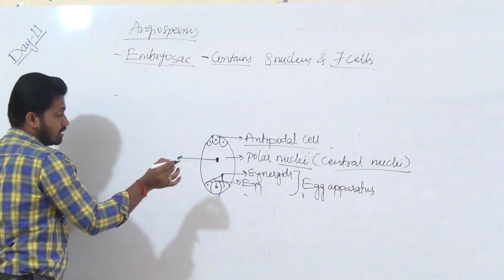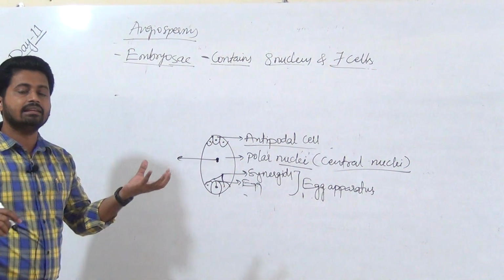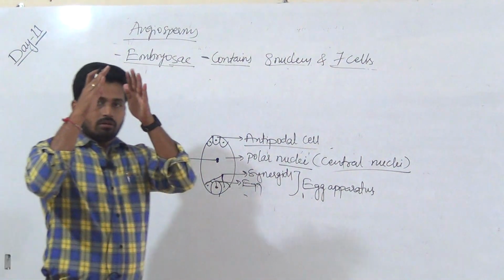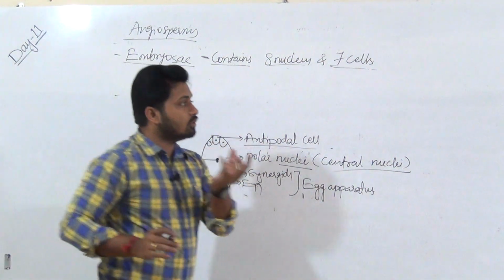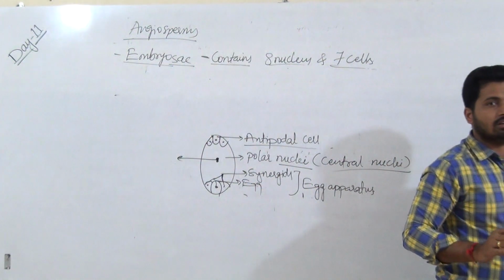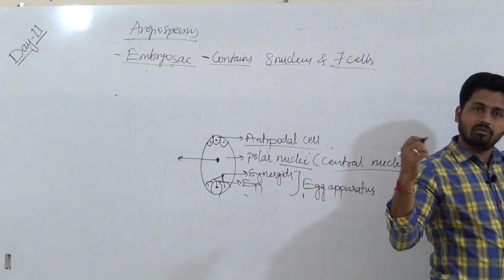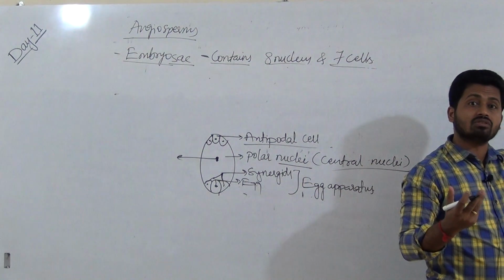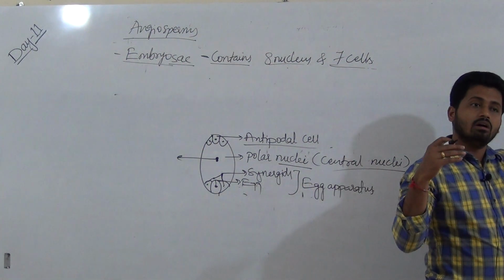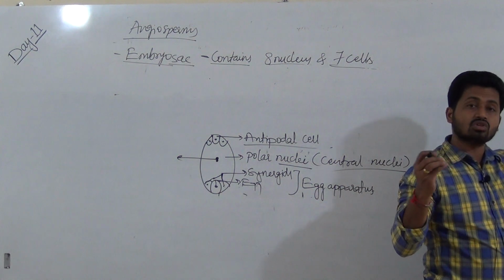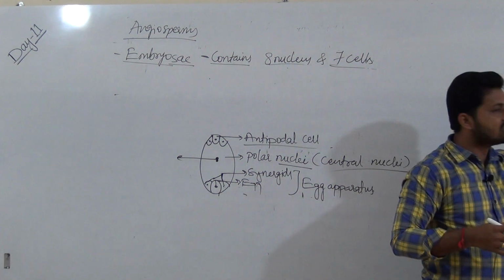Before fertilization, all this is happening in the gynoecium part of the flower, inside the ovary and ovule. All the processes, divisions and formation of the gamete take place here: megasporogenesis, because the formation of the female gamete takes place in the ovary only.